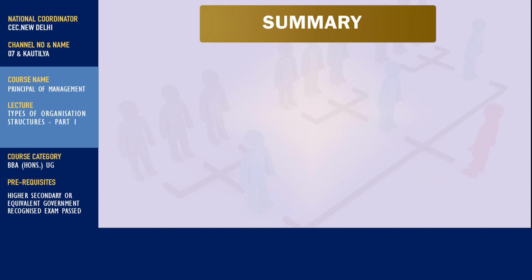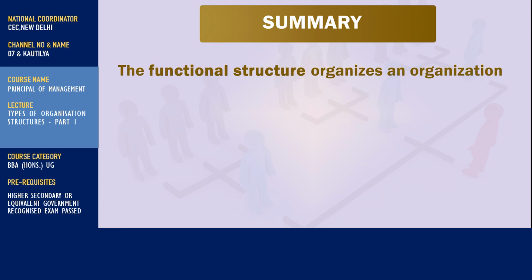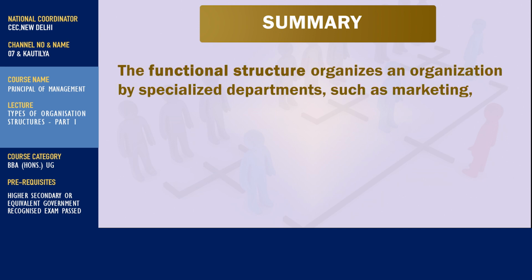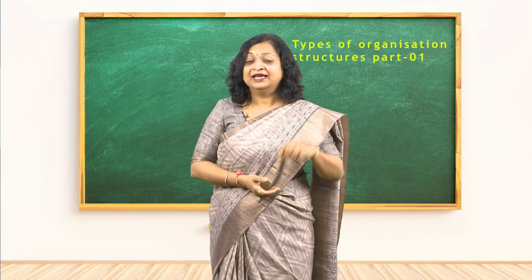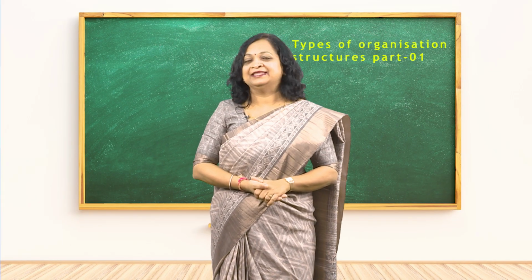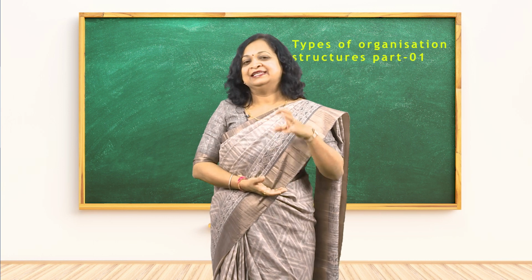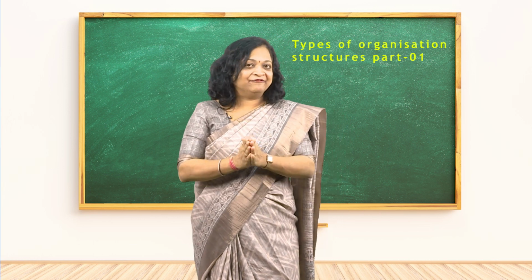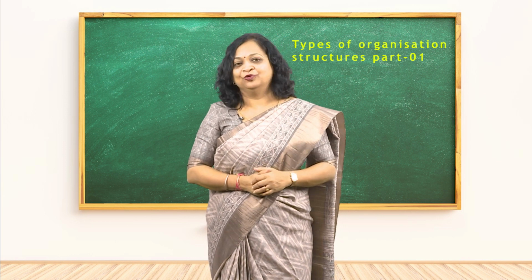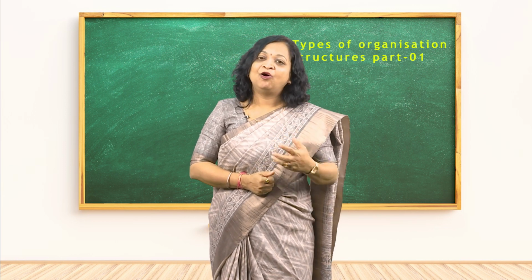We have seen the functional structure, which means organizing by specialized departments such as marketing, finance, HR, operations, and so on. Now, this design allows for enhanced specialization. It enables employees to develop expertise in their specific roles and clear roles and responsibilities. It always improves the efficiency within the departments, and it leads to better performance.